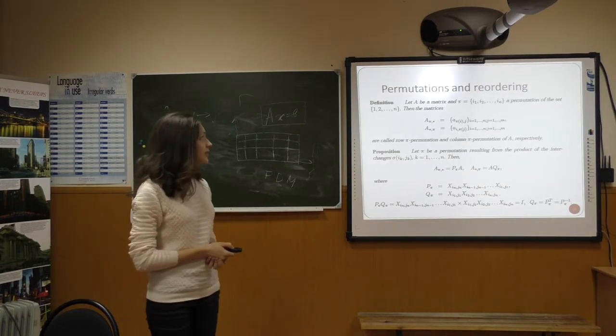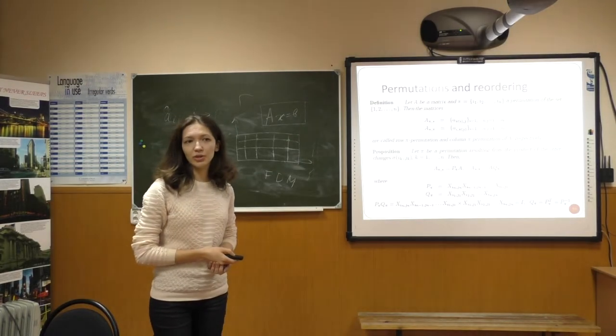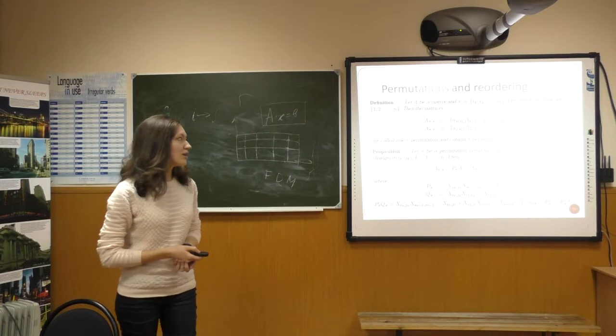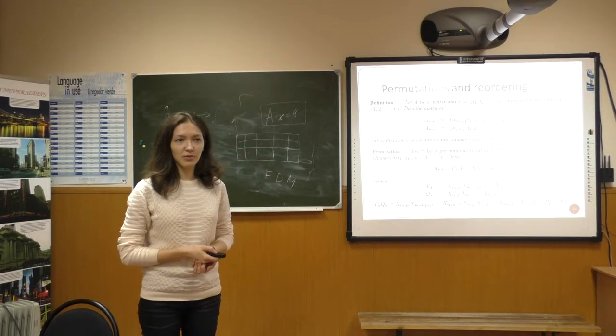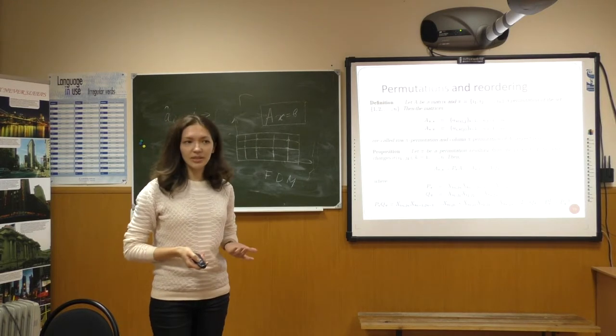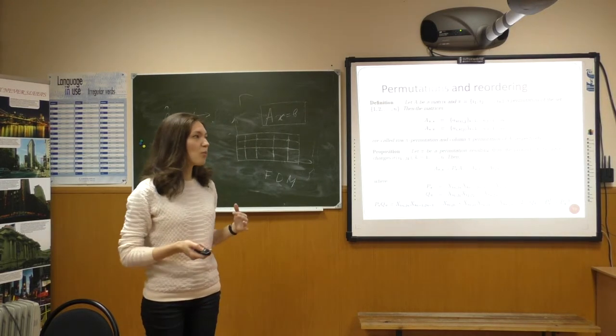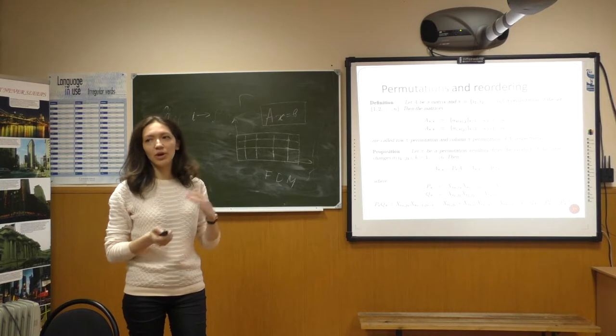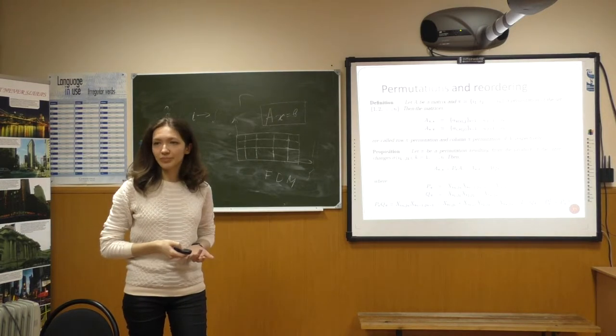These are some definitions for permutation and reordering. Maybe we will not dive into details because of the lack of time. So I will just say that we can perform a reordering of both unknowns and equations.